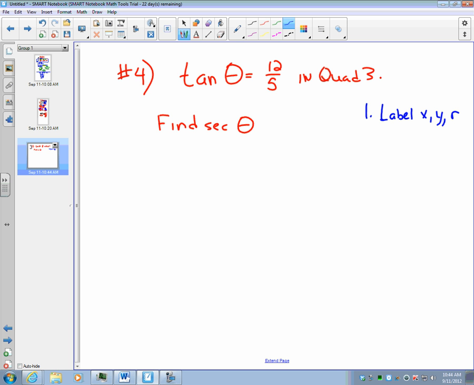Label x, y, and r. Okay. This is y. This is x. Right. Oops. Yeah, that's right. Number 2, Pythagoras.